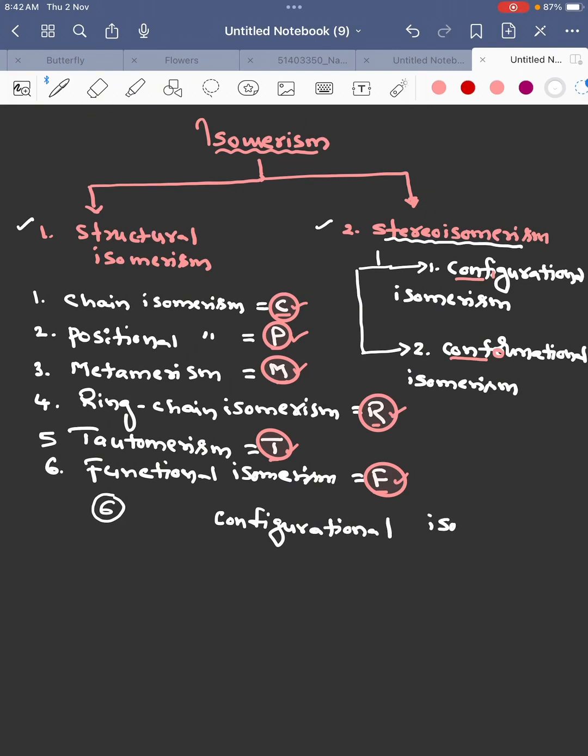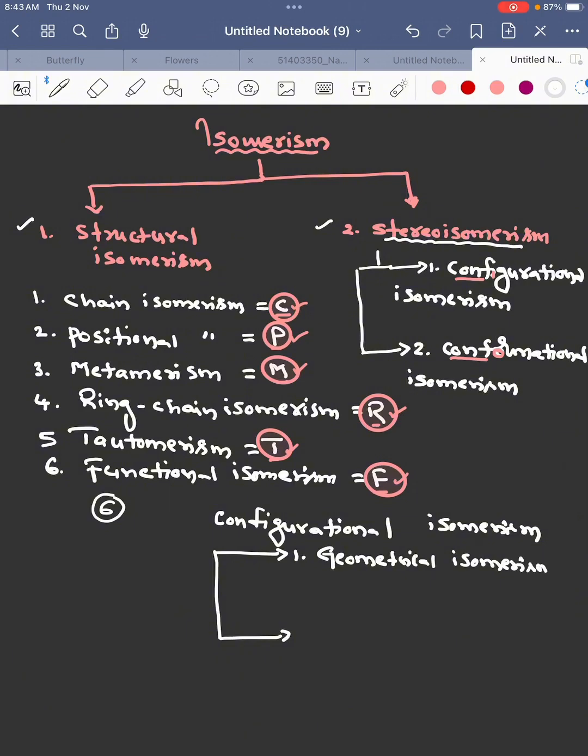Configurational isomerism is again classified into two types. First one is called geometrical isomerism.